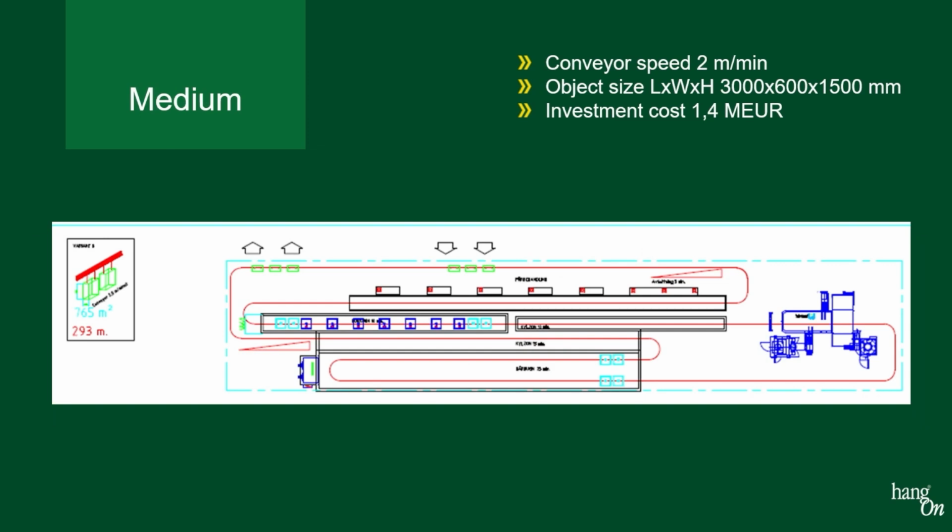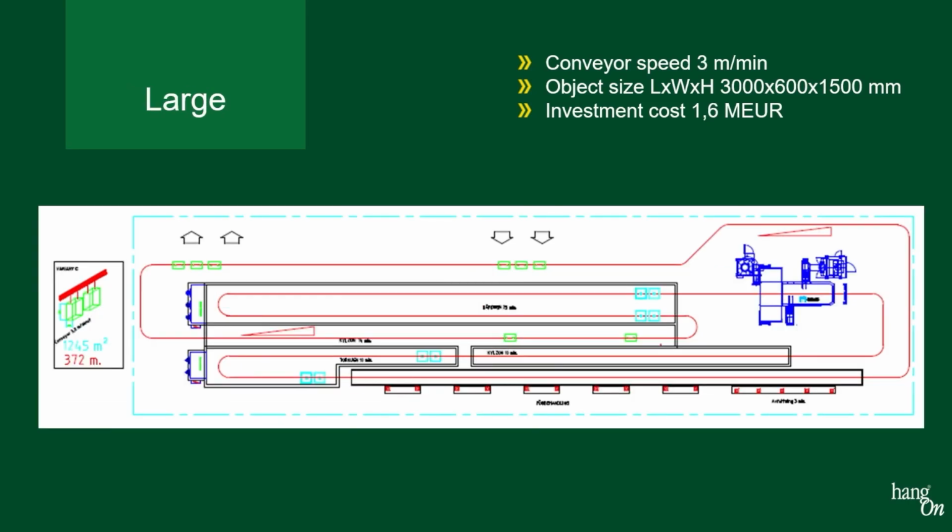The medium line, same object size, running with a speed of 2 meter per minute, has an investment cost of 1.4 million euro. The large, running with 3 meter per minute, has an investment cost of 1.6 million euro.